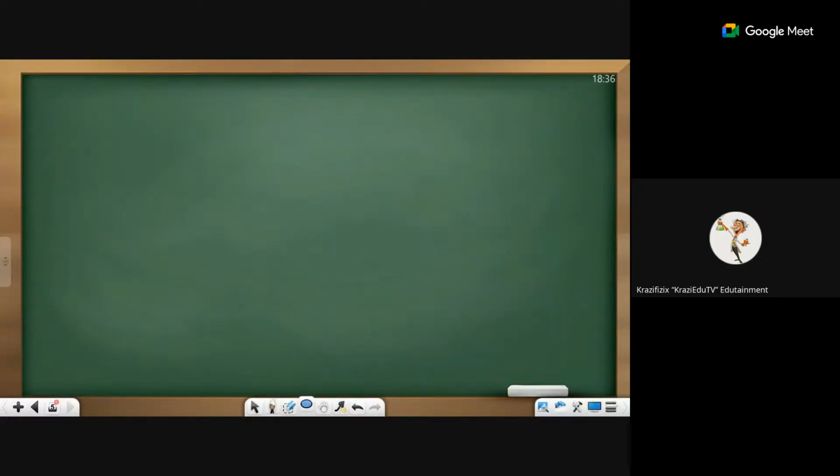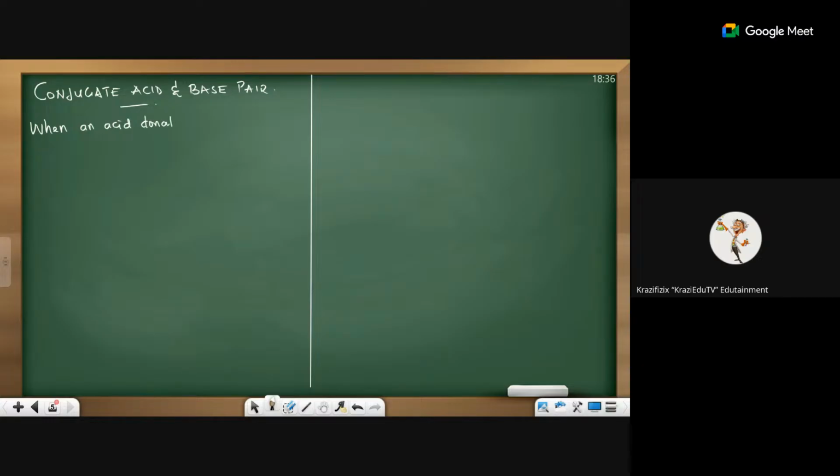Okay, quickly. Conjugate acid and base pair. So we're looking at our second concept. When an acid donates a proton, so we are looking at our definition again, it becomes a conjugate base.